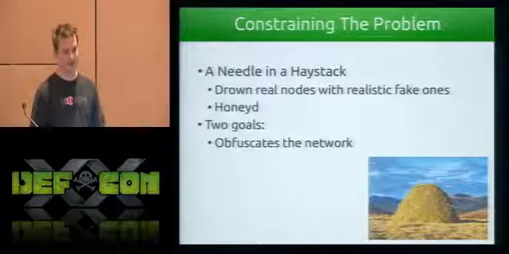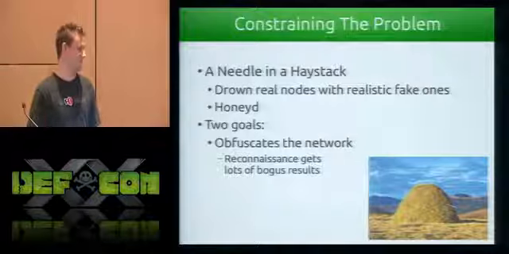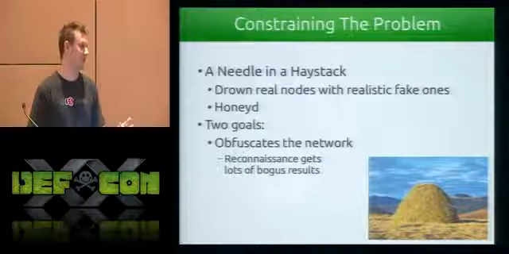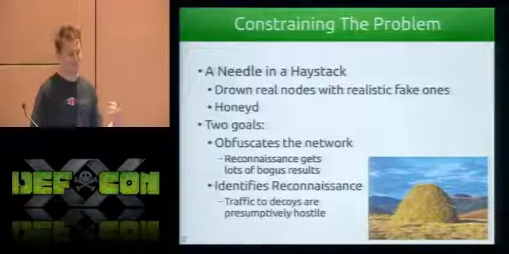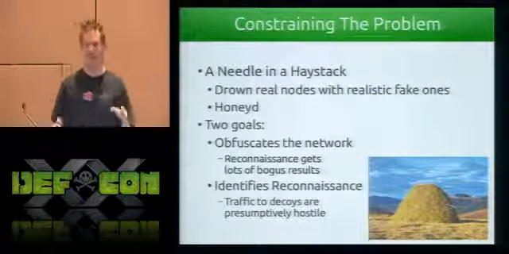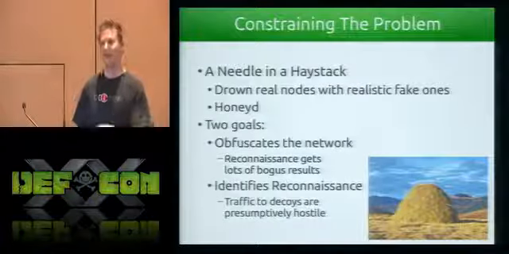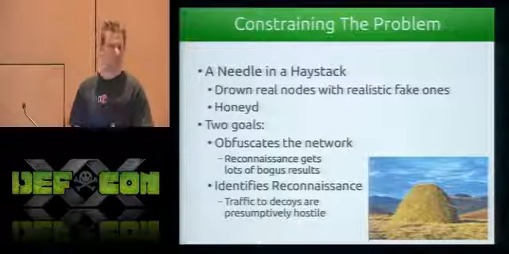We want to obfuscate the network, giving reconnaissance lots and lots of bogus results, making it much harder or possibly useless. And then we also want to identify reconnaissance. Because one of the unique things about this setup is that because you've got all these decoys, these honeypots, any traffic going to the honeypots is presumptively hostile, right? You could say, why are you talking to the decoys?